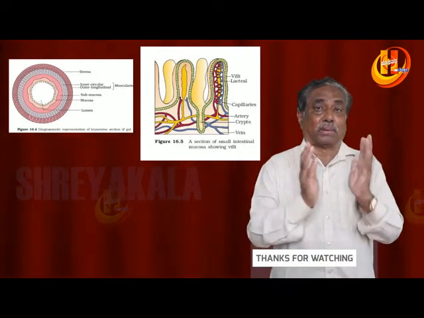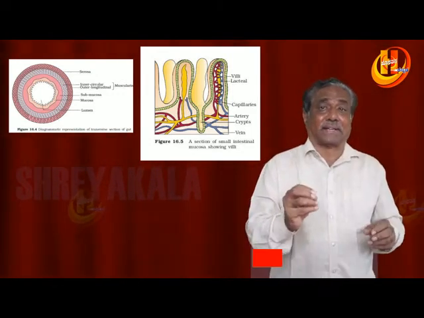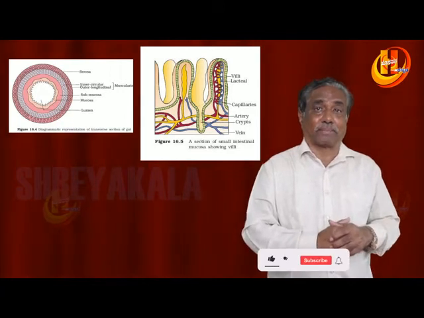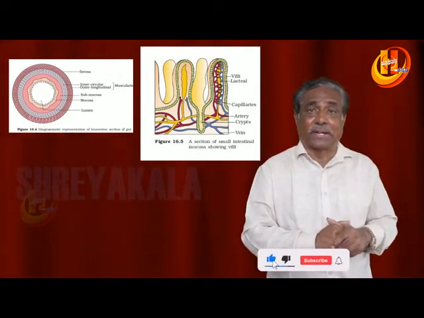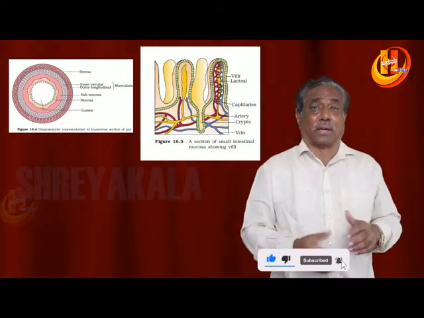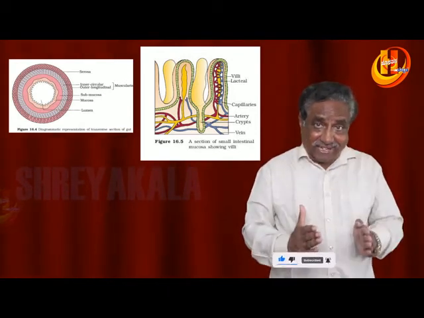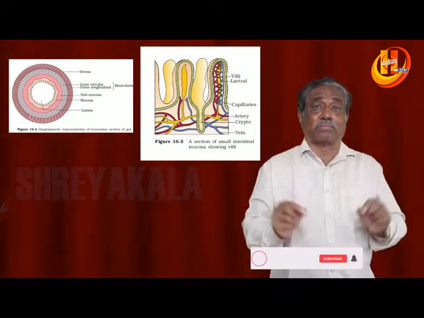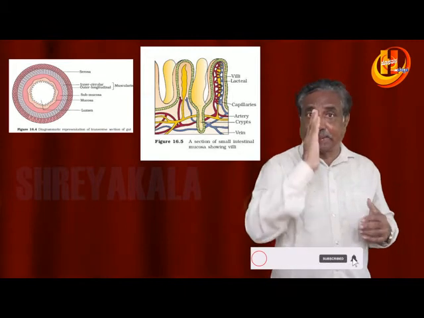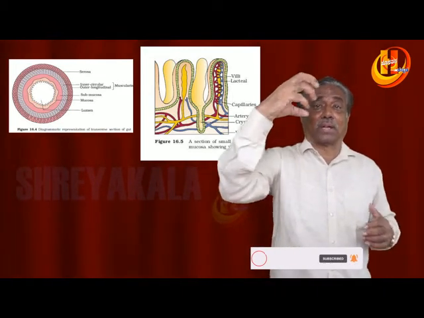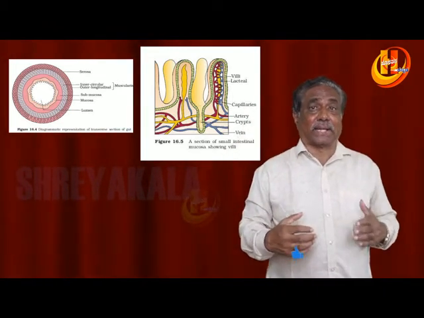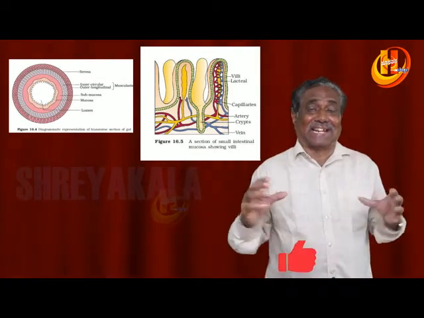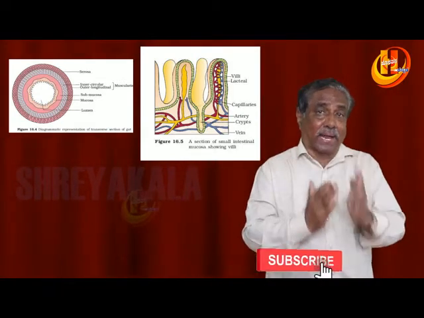Mucosa contains goblet cells, which secrete mucus and keep the intestine wet. And there are finger-like projections called intestinal villi, the wall of which is composed of columnar epithelium, and the core of the villi is the lacteal.